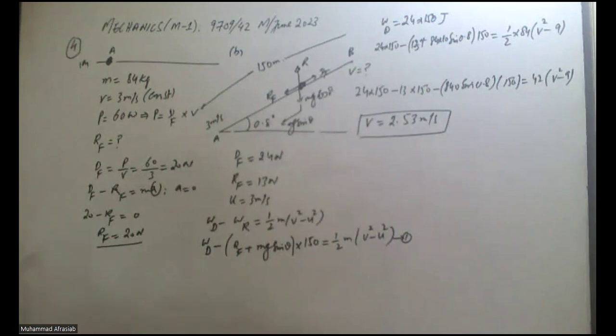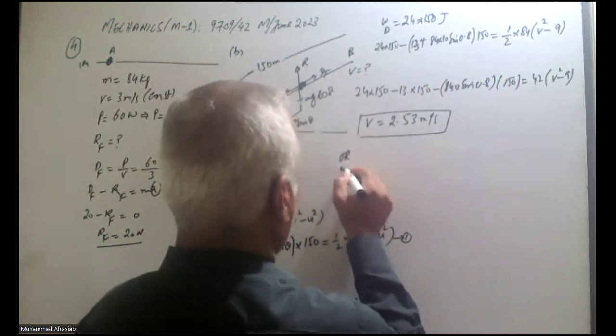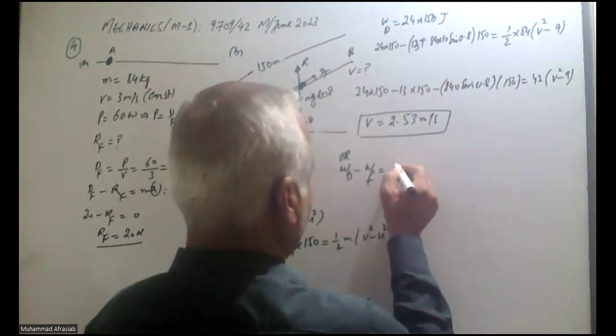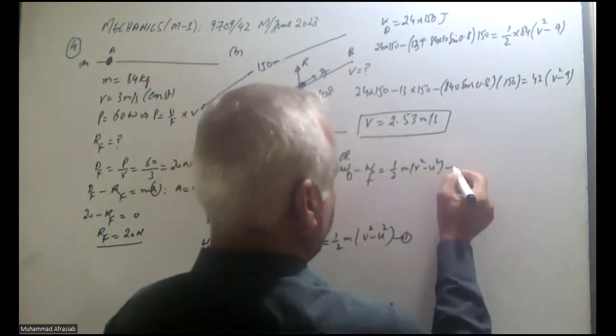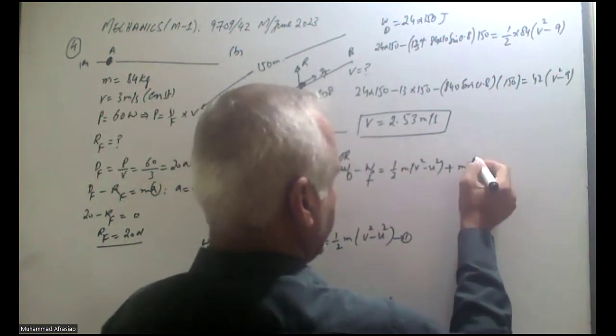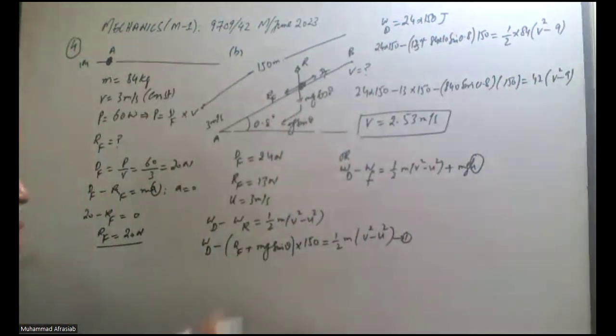In other words, or simply, work done by driving force minus work done by the frictional force is equal to half mv square minus u square, because it is moving upward, so it is gaining height, and you can find out this height also there. Same formula will be used, same calculation will be used, but it is in this form.